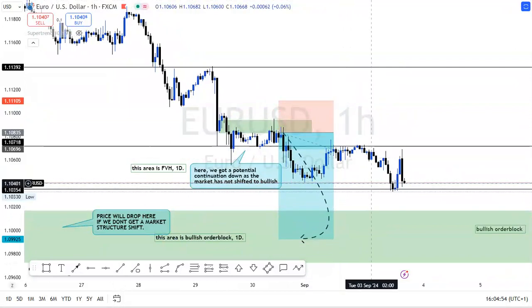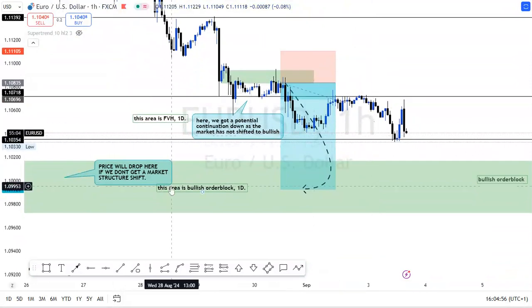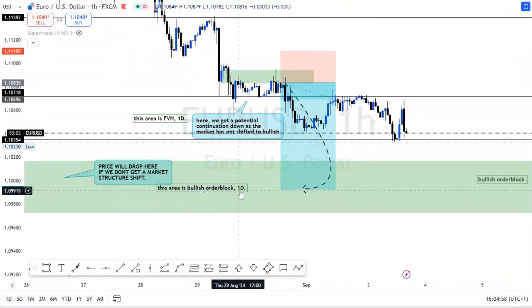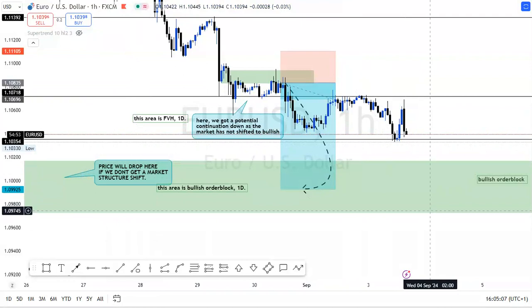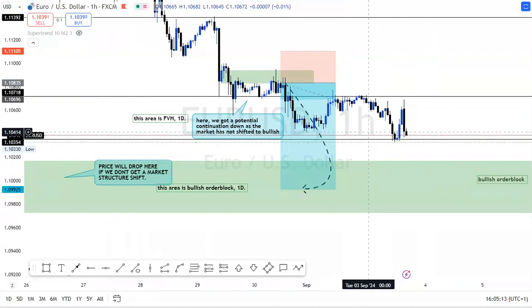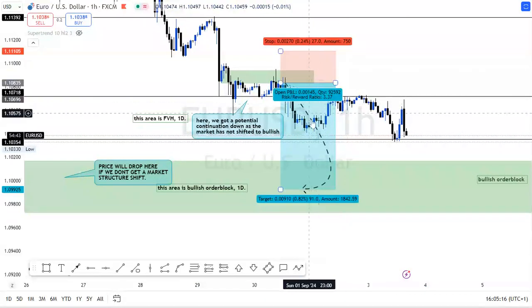I also said this area is a bullish order block on the daily time frame, so price will drop here. If we don't get a market structure shift, it will keep going down. As simple as that, no need to be sentimental about it. If the market has not done something, don't say it will do it. It has not broken market structure, but it is inside a daily fair value gap, so don't say it's a buy. No, it has to tell you that it is ready.